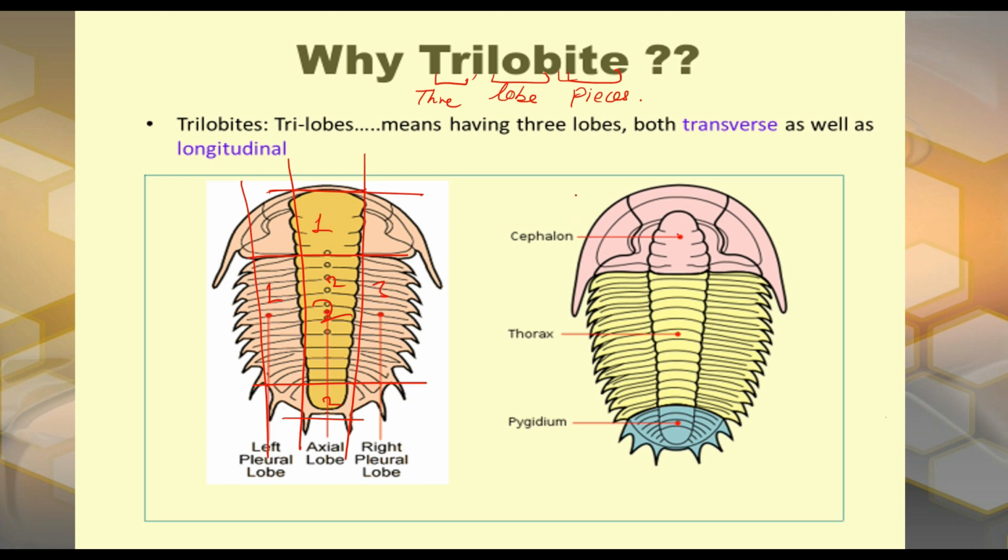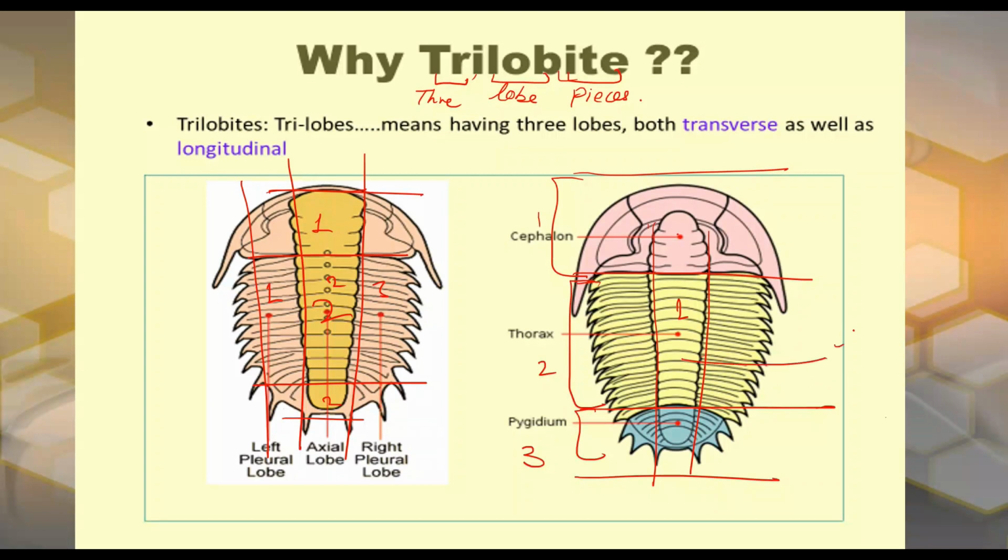So see, cephalon is the one part, thorax is the another part, and pygidium is the third part, right? So they are a transverse division, right? And how are they longitudinally divided? This is the axial lobe, and these two are actually lateral lobes because they are laterally present, right?